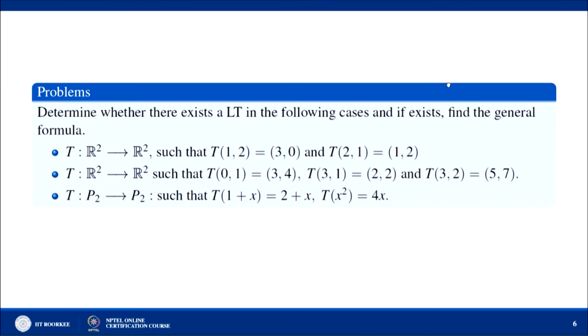So, in this way we have seen what a linear transformation is and what the basic properties of linear transformations are. Now, there may be some examples, say you consider T from R2 to R2 as T of (x, y) equal to (1 plus x, y). Now, it is not a linear transformation, and we can easily verify this. If you take T of (1, 0), it is simply (2, 0).